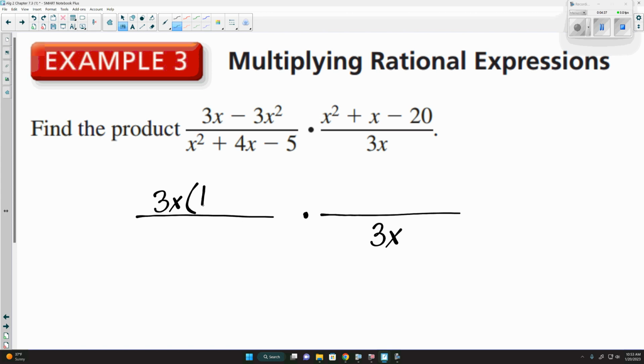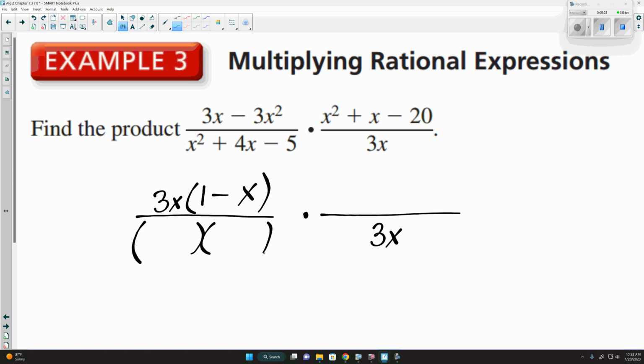Let's focus up here. Minus the 3x out of 3x squared will factor out completely. We'll take 1x away from x squared, which leaves us with a single x. So if we factor 3x out of 3x minus 3x squared, we get 1 minus x. Questions on this so far? All right.